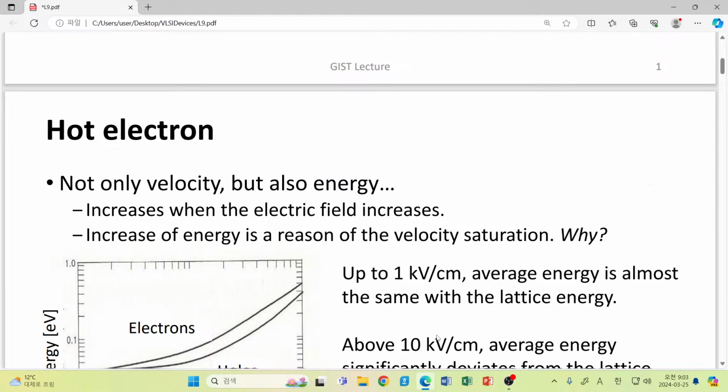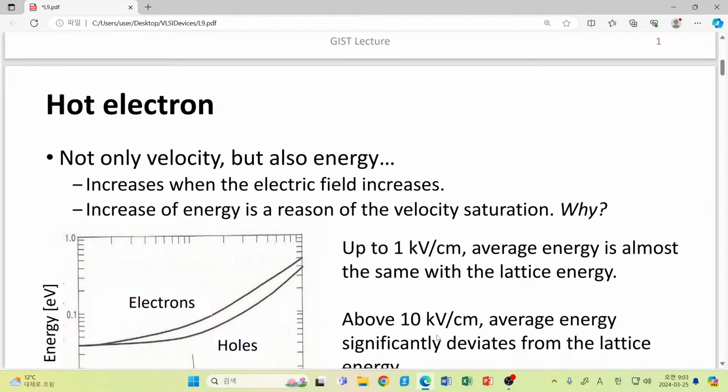So now let's go to our next topic about energy. Please note that the mobility is related to the relation between average velocity and applied electric field, whether positive or negative.